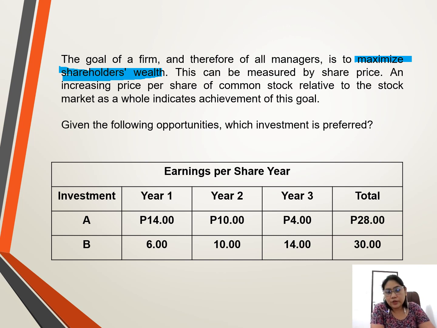Okay? So, given the following opportunities, which investment is preferred? So, we have investment A and investment B. So, sabi dito, investment A daw, 14, 10, 4, and then 6, 10, 14. Total, si investment A ay 28, si investment B ay.